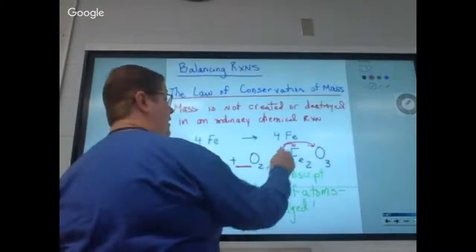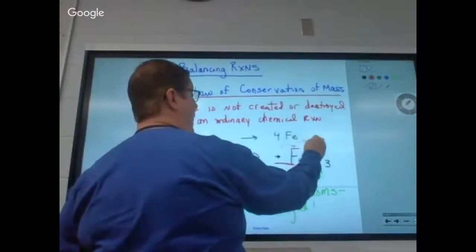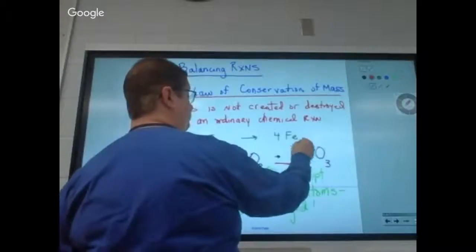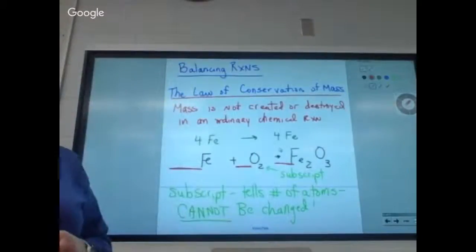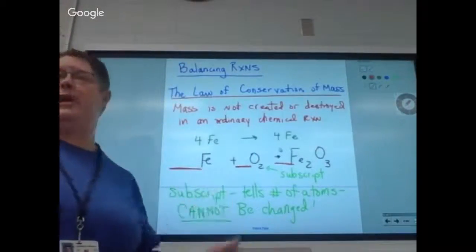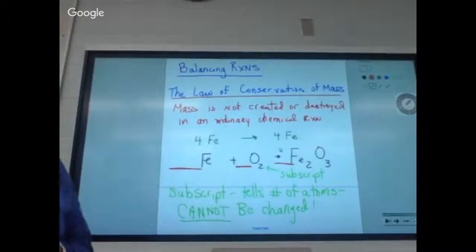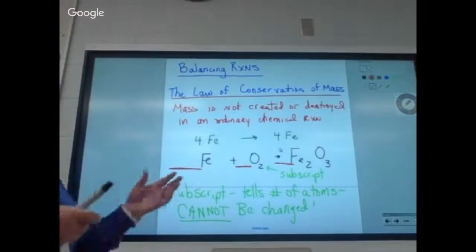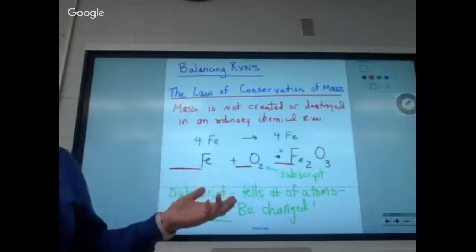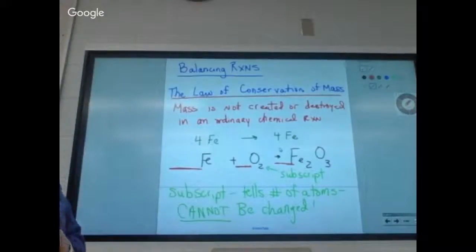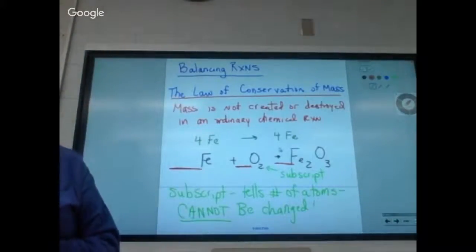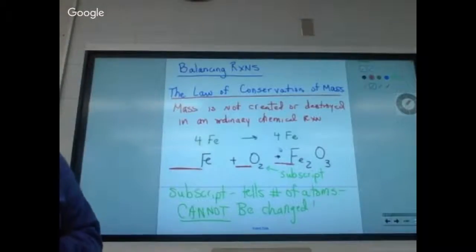Now, if you can keep that straight, then you can balance. The other thing I would tell you is balance one element at a time. It doesn't matter if you start with Fe or with O. People ask me all the time which one to start with. I pick the one with the biggest subscripts, but it does not matter.